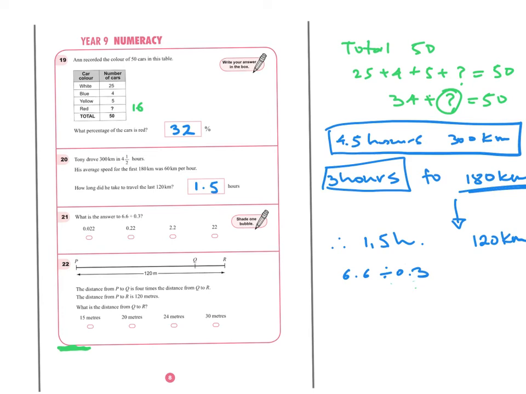So if I multiply the first part, 6.6, by 10, please remember to multiply this one by 10 as well. So what's happening here? The decimal will be moved. 6.6 is going to become 66, and 0.3 is going to become 3.